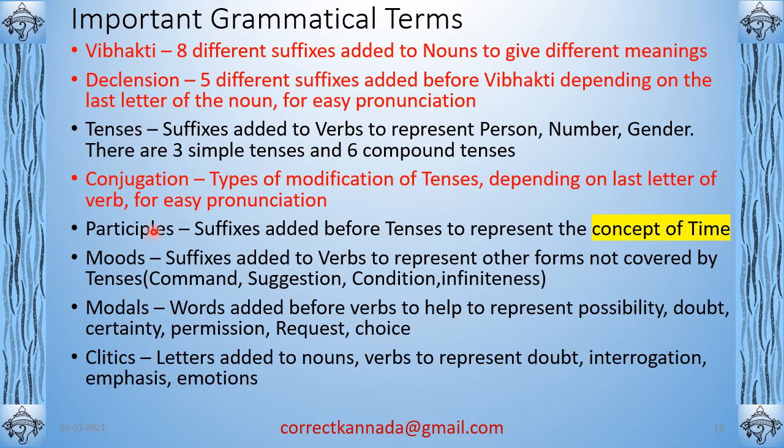So verb plus participle plus the tense suffix gives you the complete tense. Then we have modes. There are four modes, which is your command, suggestion, condition, infiniteness, and you also have the imperative mode. Then you have modals. Modals are words which represent possibility, doubt, certainty, permission, request. Then there is this concept of clitics in Kannada, where again I have a video on clitics.